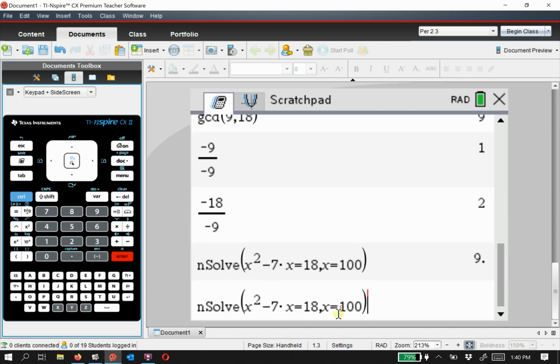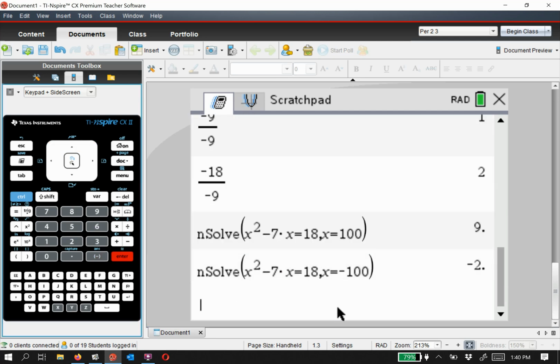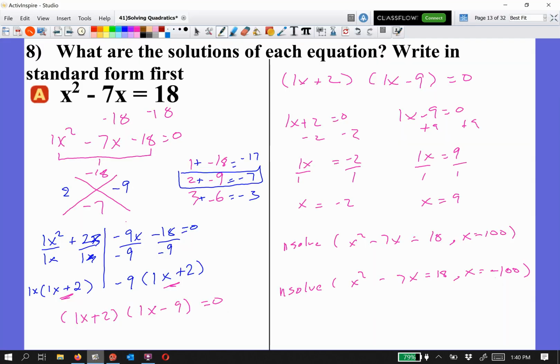X equals negative 100. Negative 2 and a positive 9. I am pretty sure that's the correct answer. So x equals positive 9, x equals negative 2. Great job.